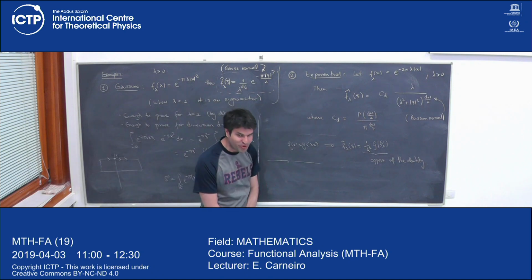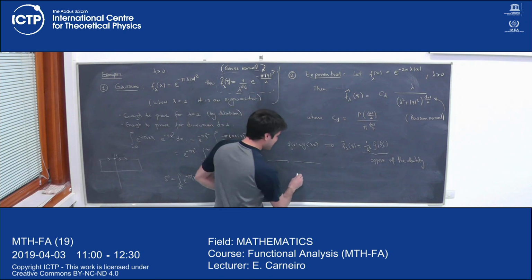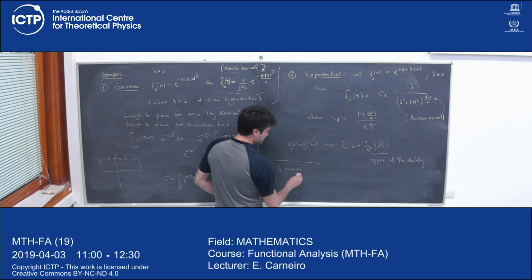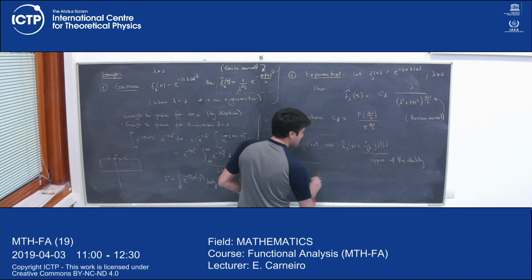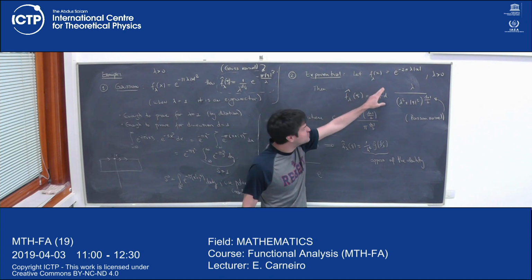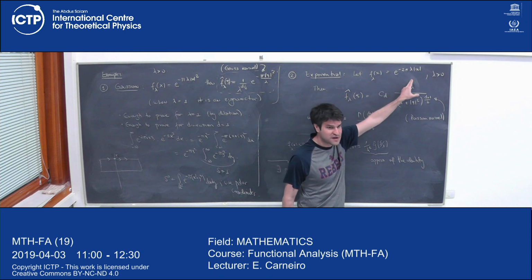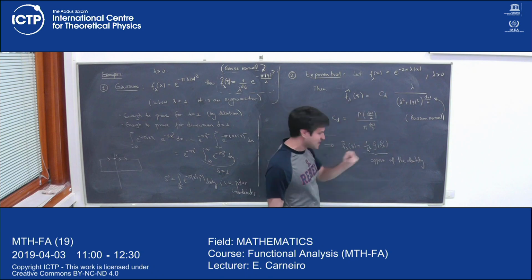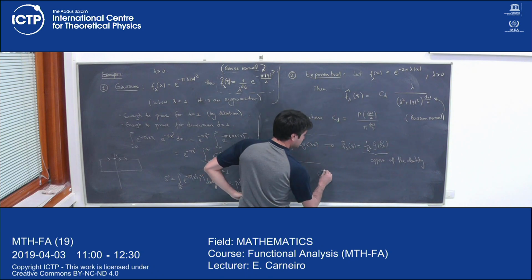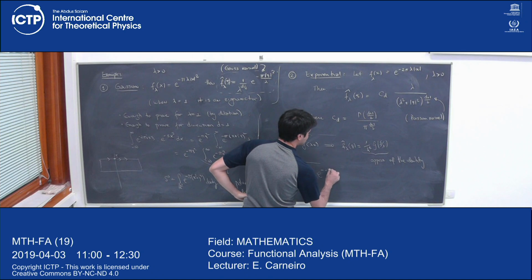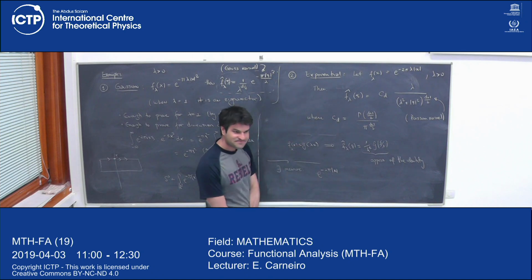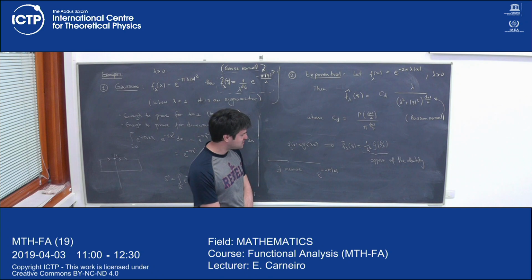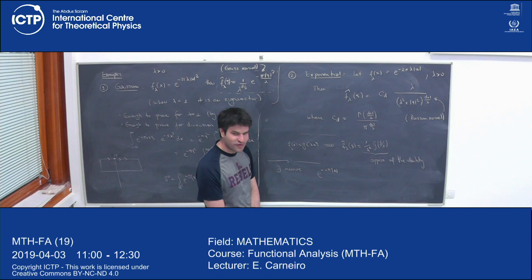So this function is subordinated to the Gaussian in the sense that there exists a measure such that, say, e to the minus 2 pi |x|. Again, if we want to know how to do the Fourier transform of this function, it suffices to do it for lambda equals 1 because of this, right? So you actually want the Fourier transform of this function, e to the minus 2 pi |x|. As I'm telling you, this function is under the control of the Gaussian, subordinated to the Gaussian in the following sense.